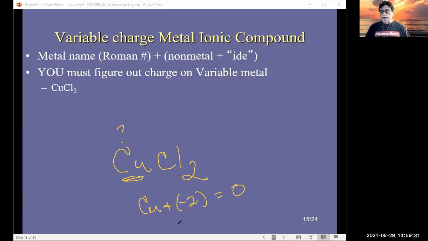So we generated an algebraic equation: copper plus -2 equals 0. We solve for copper. Copper is a +2, which tells me that name-wise, I'm using Roman numeral 2.